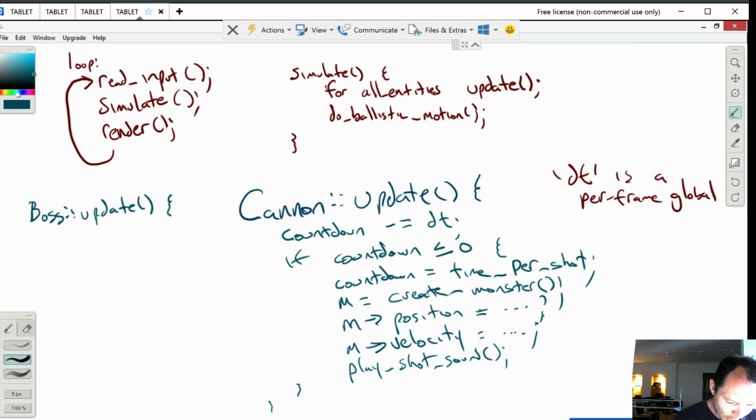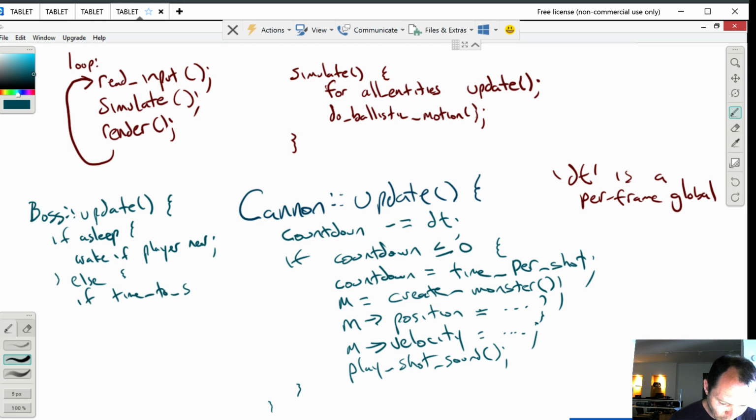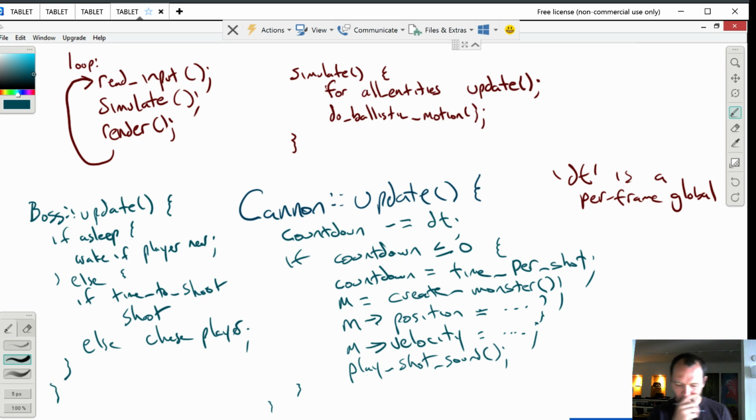And he'll have an update that says, if I'm asleep, wake if player near. Else, if time to shoot, whatever, I'm massively simplifying. Shoot, else, chase player, right? So every entity type in the game has its own one of these. And you want to run all those.